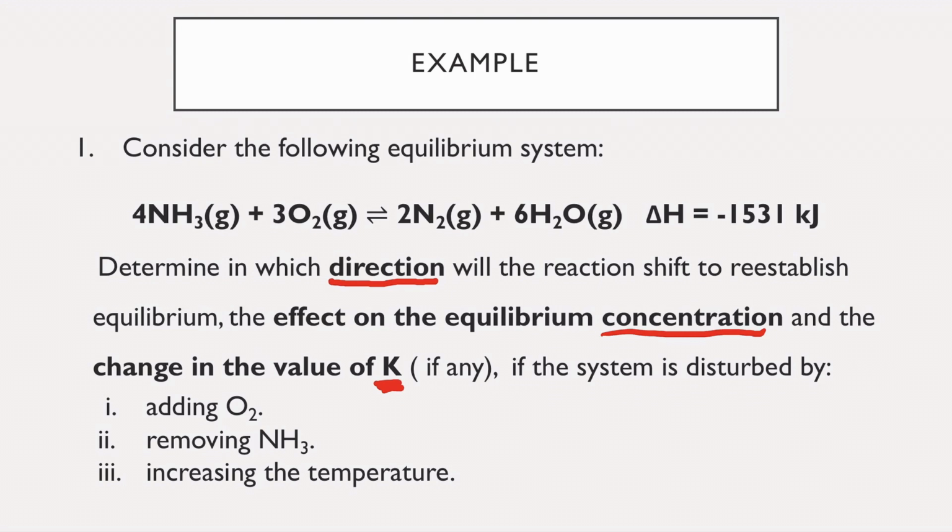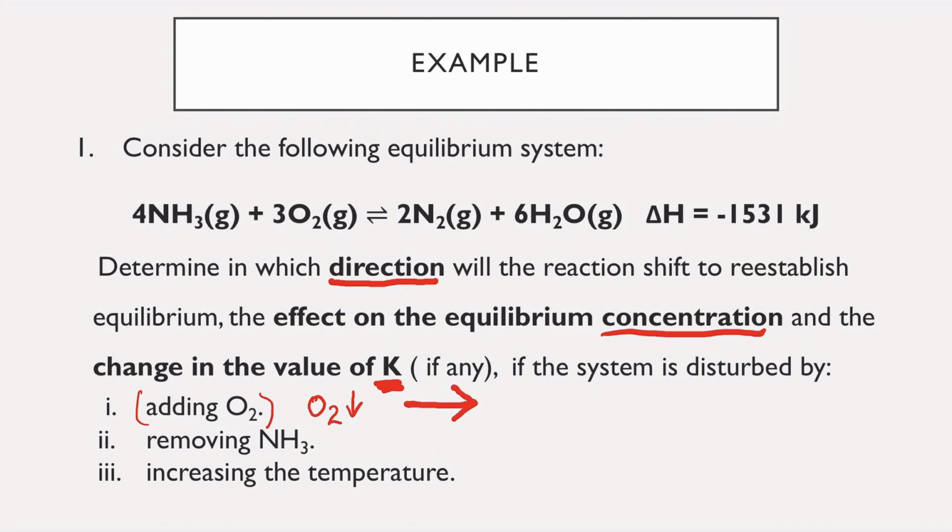Right? So, if we add oxygen to our system, okay, this is your disturbance. What will happen? Your system will want to minimize the disturbance by decreasing the concentration of oxygen. So what will your system do? It will shift to the right.